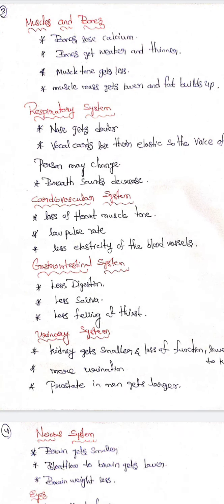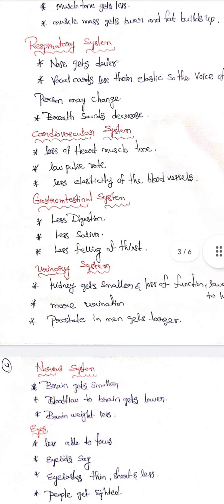Next, we will see the cardiovascular system, related to the heart. First point, loss of heart muscle tone. Next, low pulse rate, meaning they will have a low heartbeat. Next, less elasticity of the blood vessels, meaning weakness of all blood vessels.